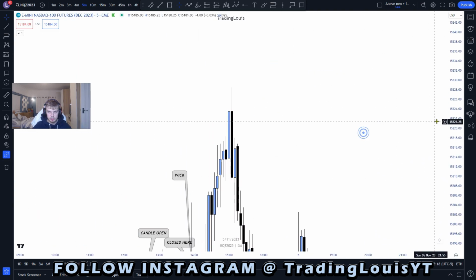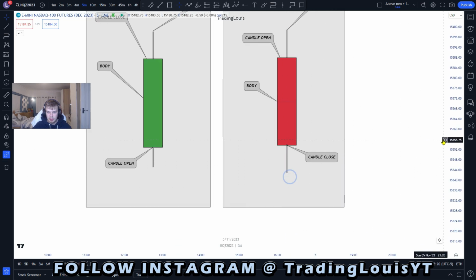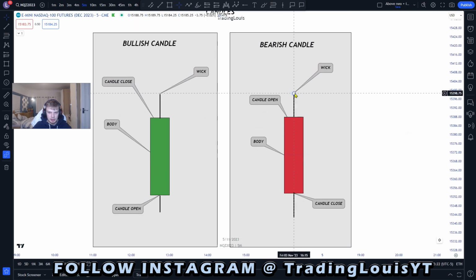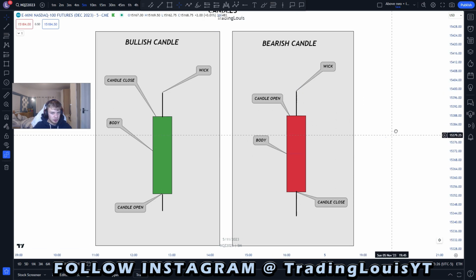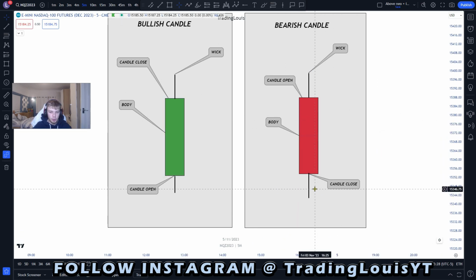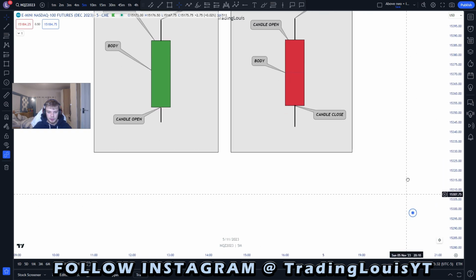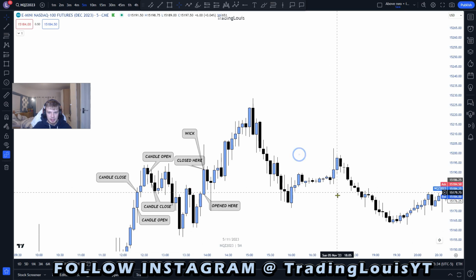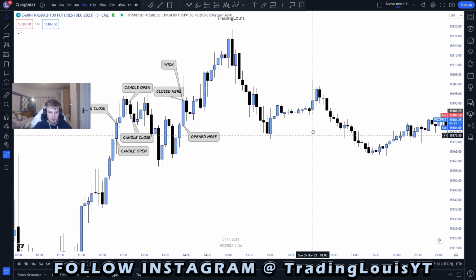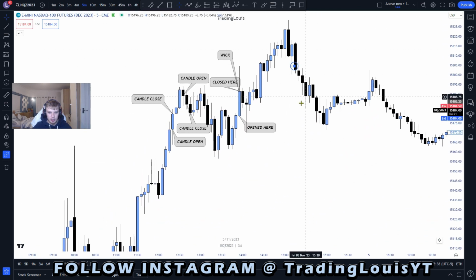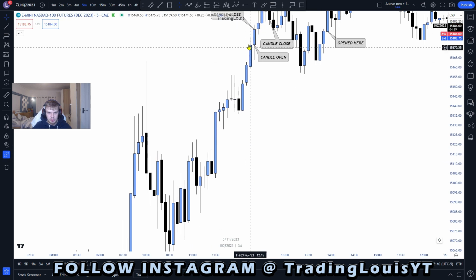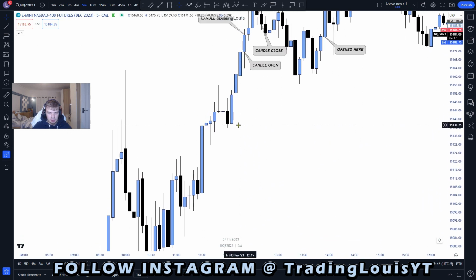If I go back to my drawing of the candles, that's all the wick means, just when the body of the candle comes up into the point but doesn't close. Now, there doesn't always have to be a wick, so don't get confused if on some candles you don't see a wick. That just means that the price action has opened and then went straight up in the direction and just hasn't retraced back.